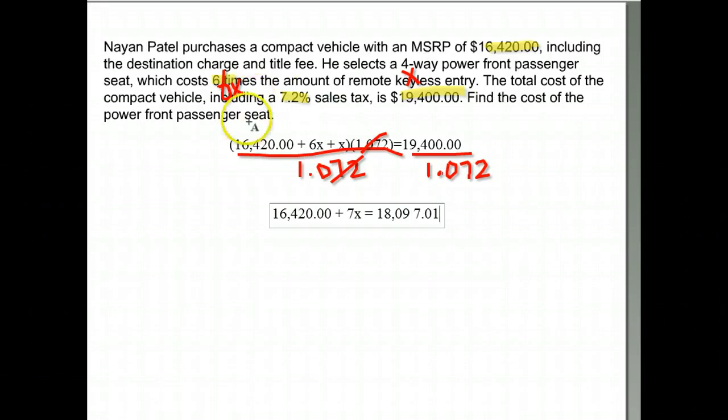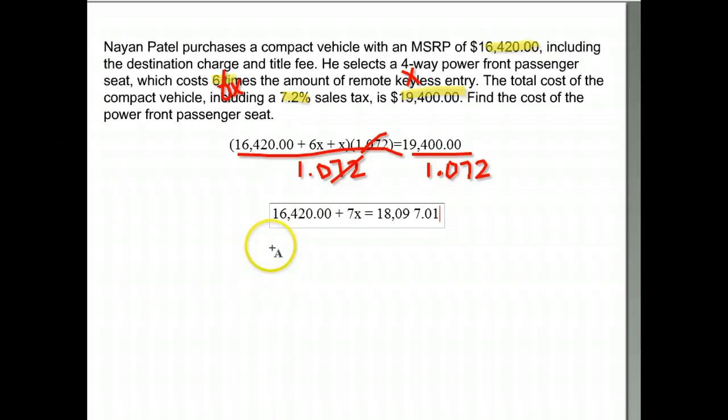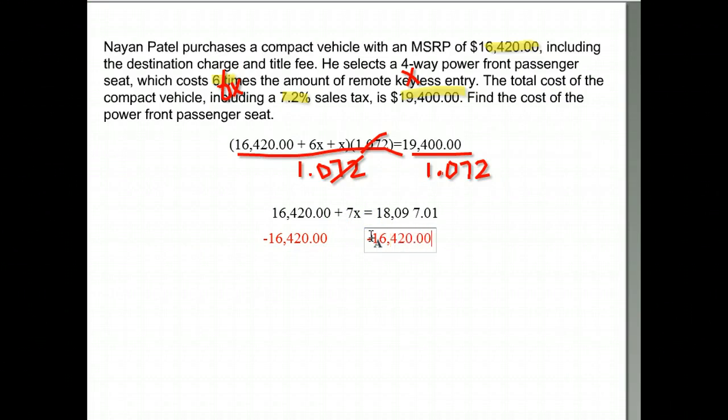Okay, our next job is to get rid of this 16,420. So what I'm going to do is subtract that from both sides. And then I will have a total.